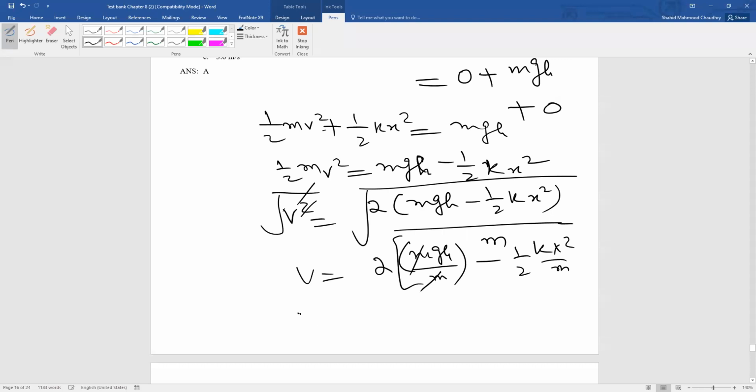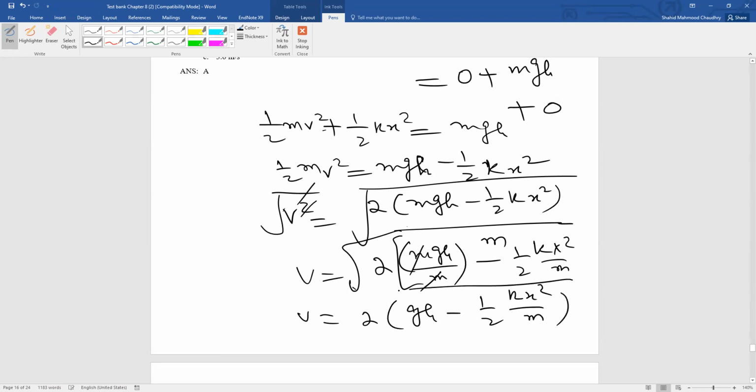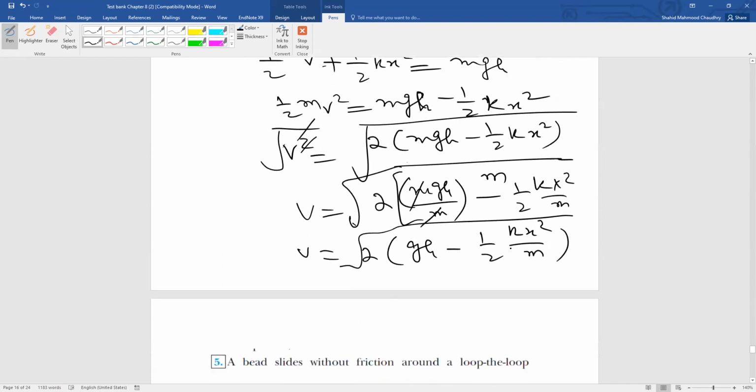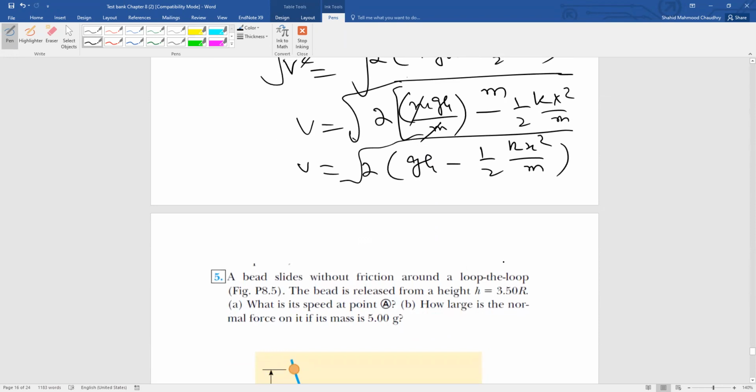So solve it for v, this is under root, 2 into g of h minus 1/2 kx square over m, and under root. So here you can solve, putting all the values that are given. This is easy for you.